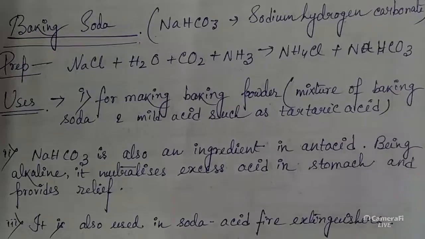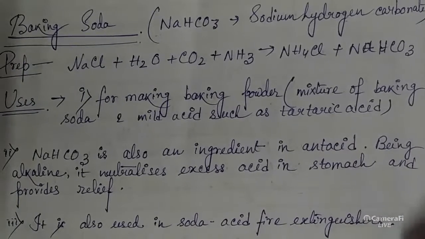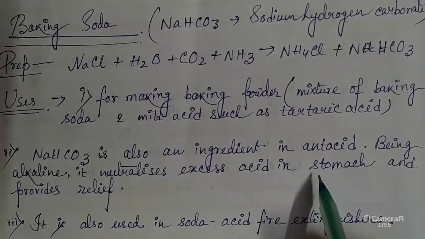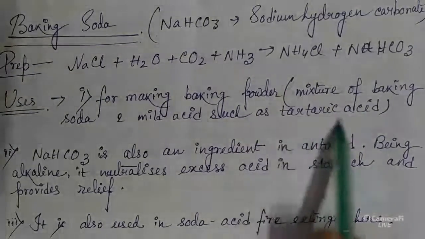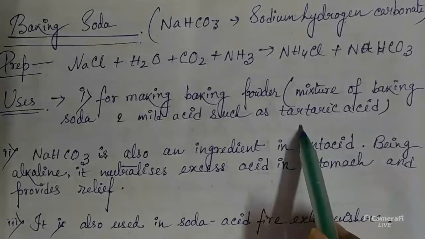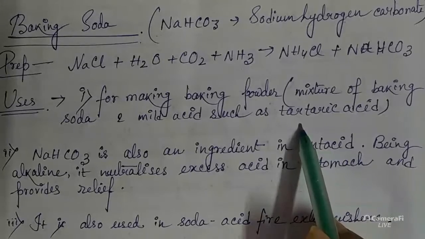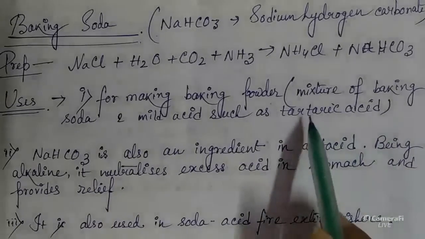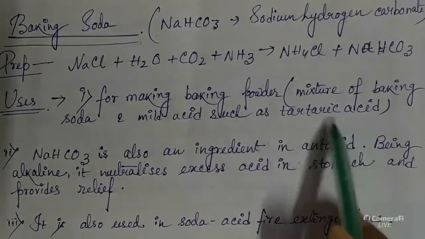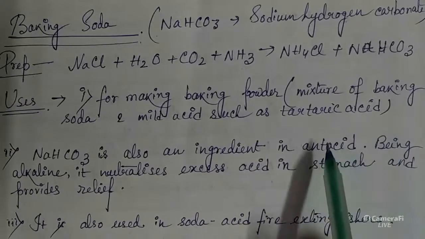The strong acids are generally the inorganic acids, like HCl, H2SO4, HNO3, all of which are strong acids as they are inorganic acids. But tartaric acid, lactic acid, citric acid, we can take these acids. Why can we take these acids? Because they are very weak acids. Weak acids we can take, and generally they are organic acids.